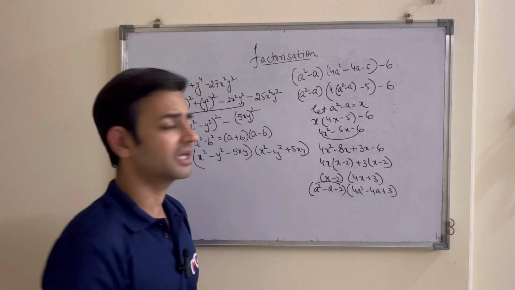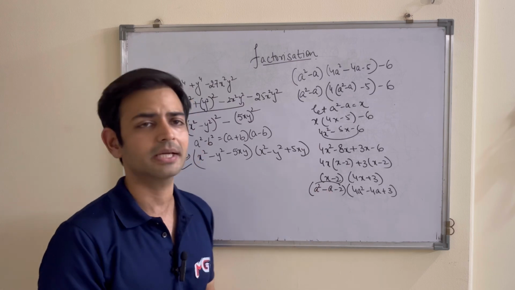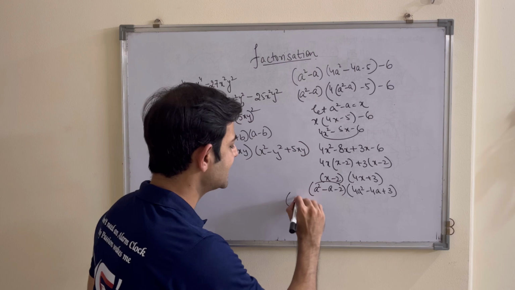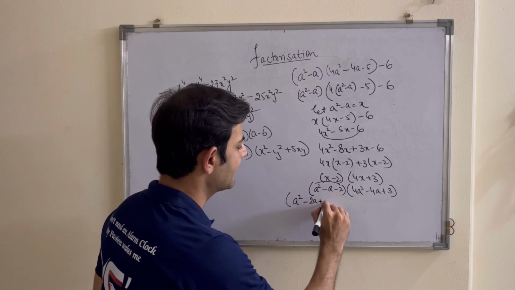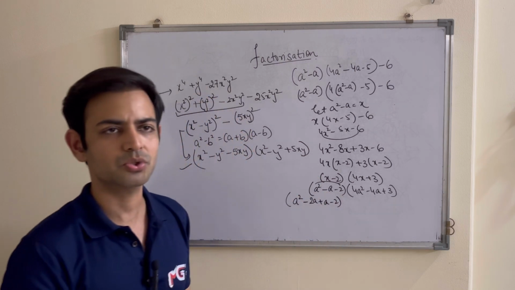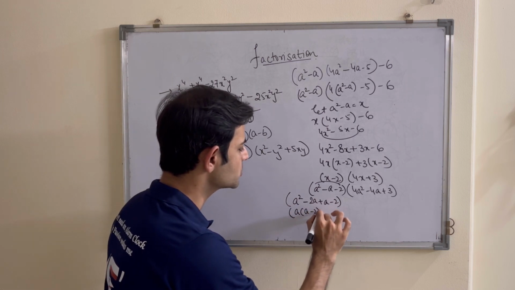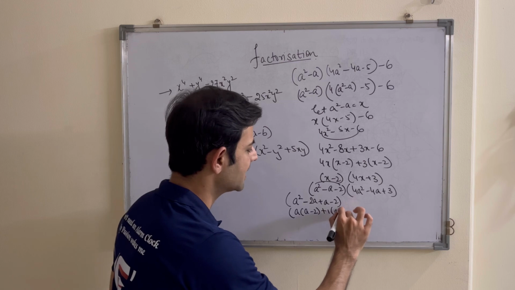Here on multiplication I should get minus 2a square, and on addition I should get minus a. Very much possible. I can split this as a square minus 2a plus a minus 2. So we will get, if I take a common, a minus 2 plus 1, a minus 2.